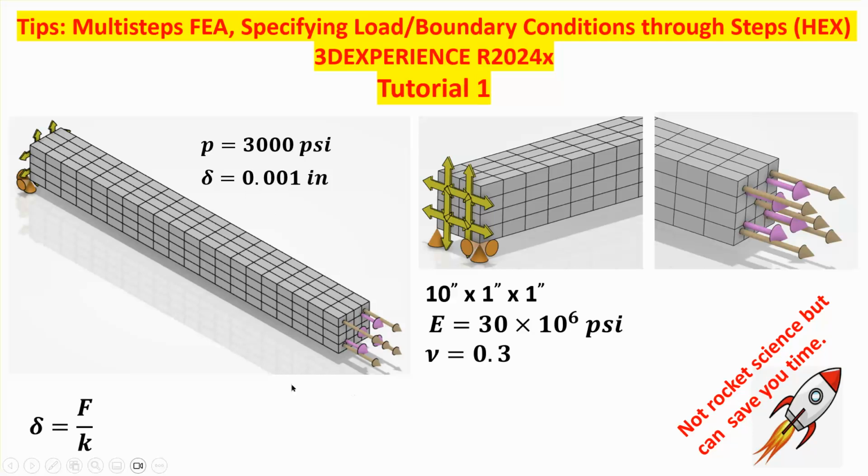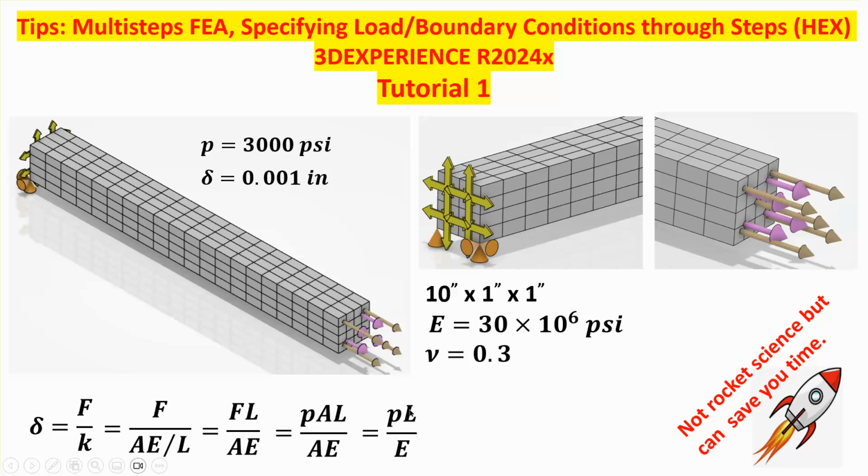Essentially, we have a fancy spring, and the displacement is going to be force over stiffness of the spring. But we know the stiffness of the bar like that is AE over L. So this reduces to FL over AE. But we know what F is: area times the pressure. And notice that the A drops out and you get PL over E. Now, P, assuming it is 3,000 psi, L is 10 inches, put the E of 30 million psi here, and you're going to get 0.001 inch.